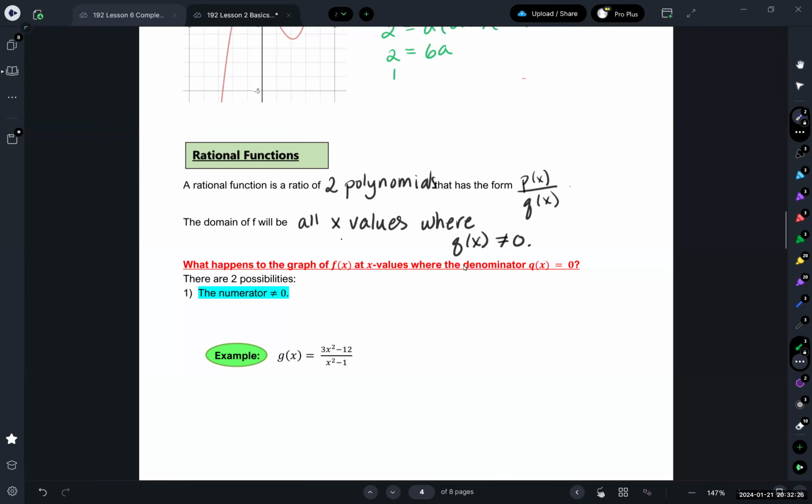So in that situation, then you are looking at what you're used to seeing, which is a vertical asymptote. So this would be where p of x does not equal 0. So trying to be as clear as possible, the numerator does not equal 0, but the denominator does, because that's what we assumed when we first started talking about this.